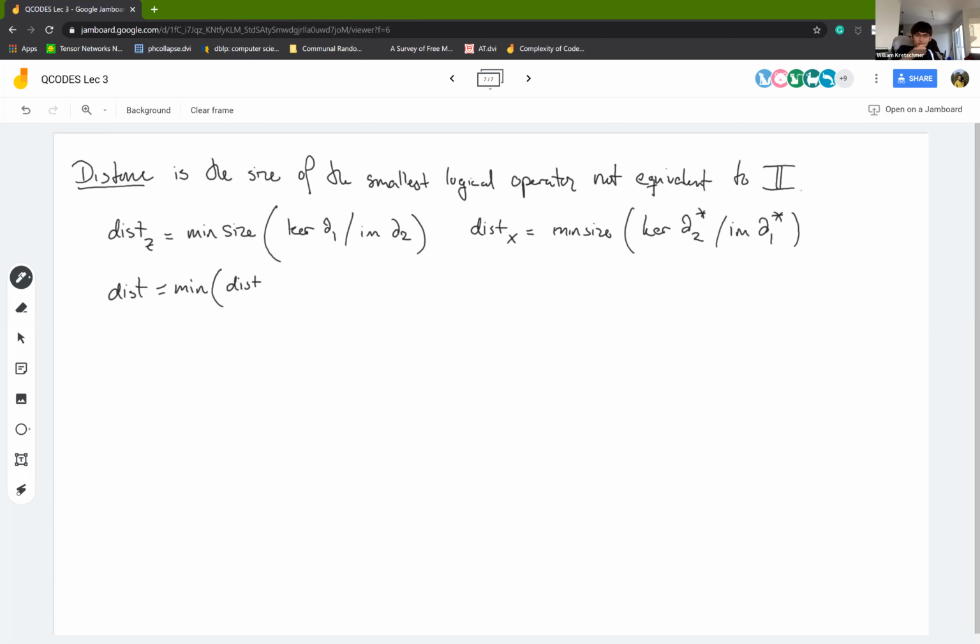Sorry, isn't a logical operator not equal to the identity by definition? Yeah, so it depends on how you want to define it. I find it easier to think of there being a bunch of logical operators which are equal to identity.